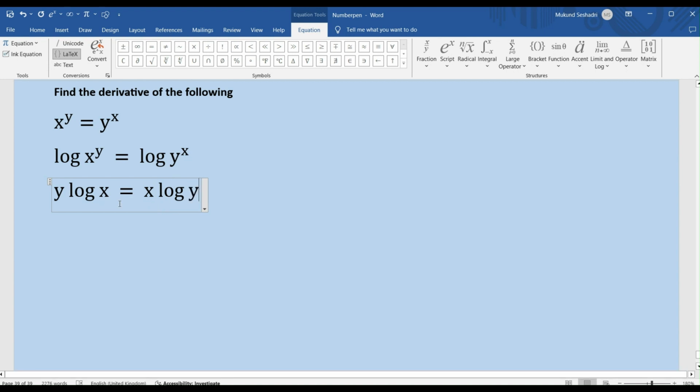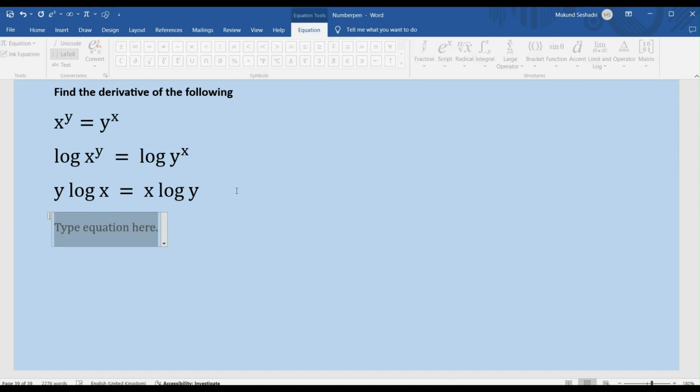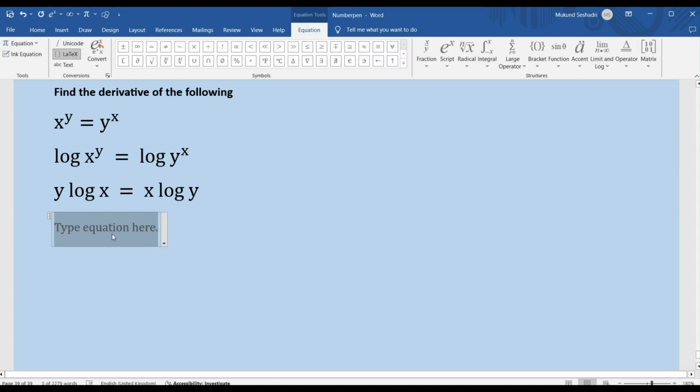Now I have an expression which is of the type uv, but I have two products here. One product is on the left hand side, which is y log x, and the other product is on the right hand side, which is x log y. So I basically differentiate on either side, and when I differentiate, I apply the product rule.